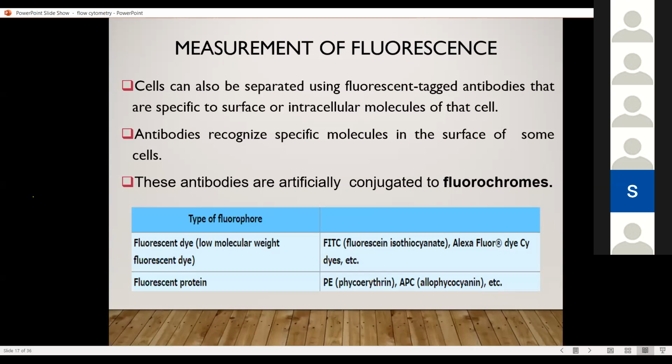Another is Alexa dyes or cyanine dyes. Phycoerythrin can be used, or allophycocyanin dyes are also used as fluorescent molecules. Besides these fluorescent dyes, nowadays nanomaterials are also used to tag these antibodies. Have you ever heard about nanomaterials? Any of you?